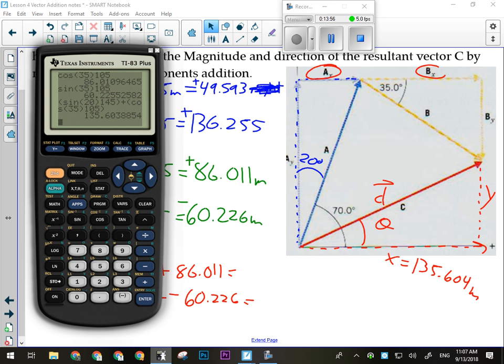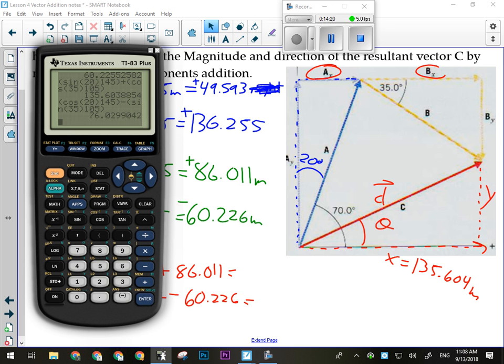Okay, so we're going to have the cos of 20 times 145, minus the sine of 35 times 105.